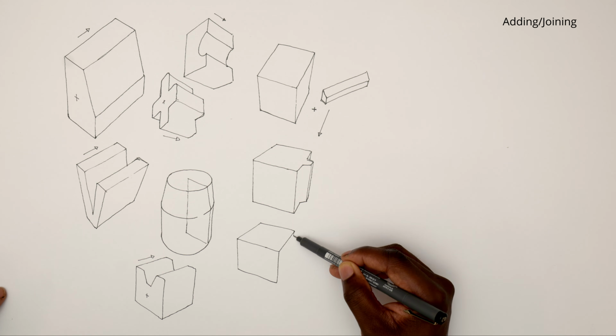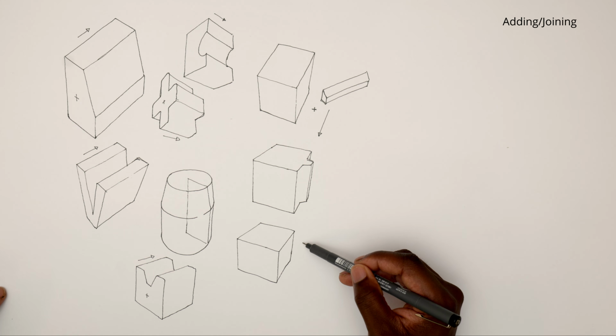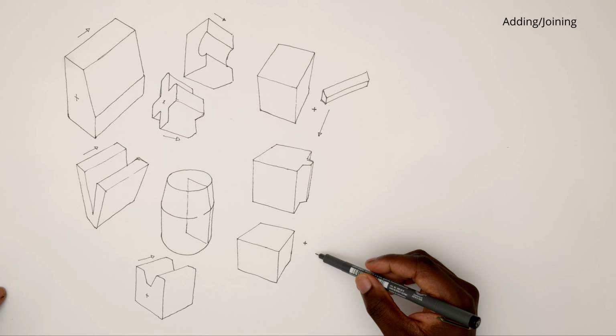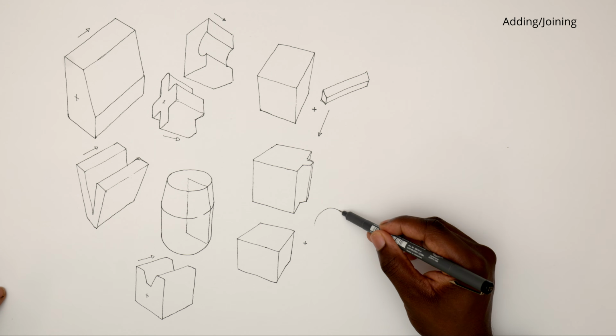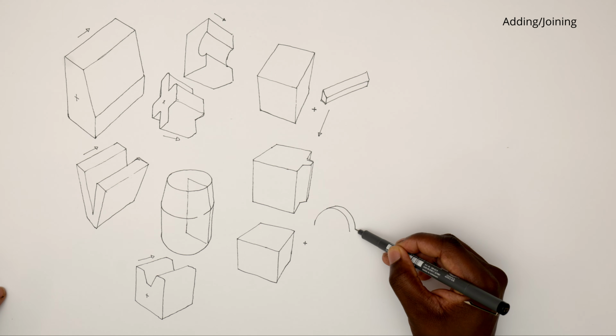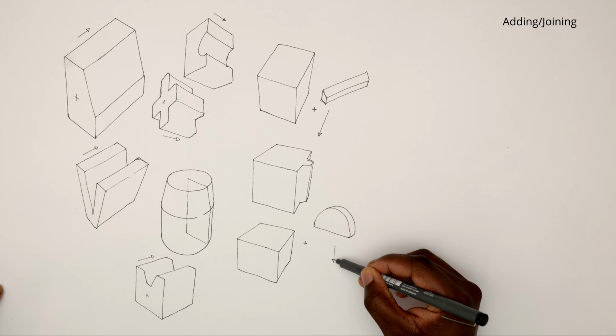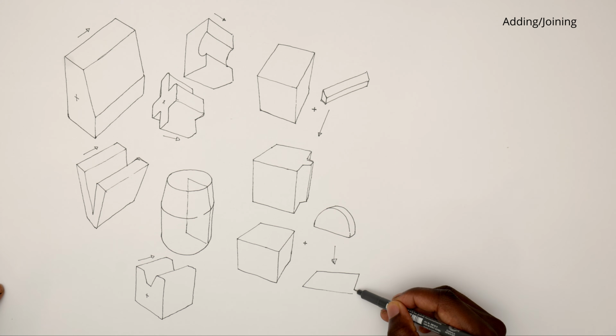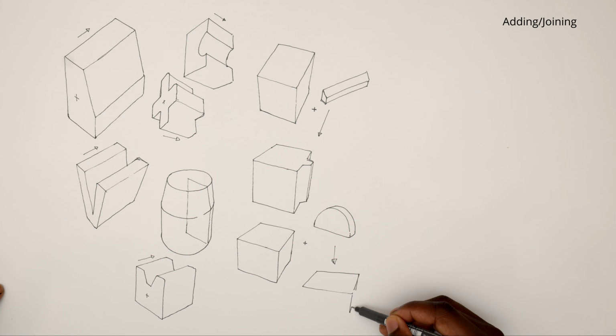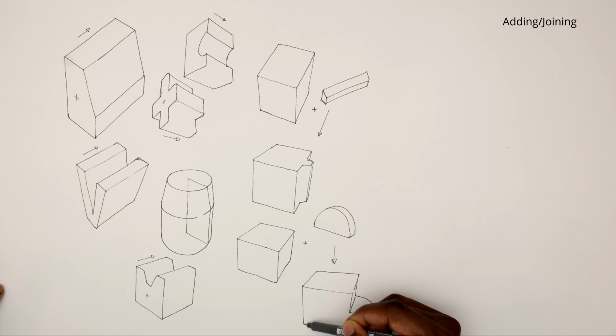It's not quite a cube, but cuboid. And I join those together and I get something else, right? So right here, we've got half of a cylinder, and I attach that to a cube, and I create something else, right? And the thing is, many objects you see in life are going to be like this. They're going to be some kind of combination of these operations, right?